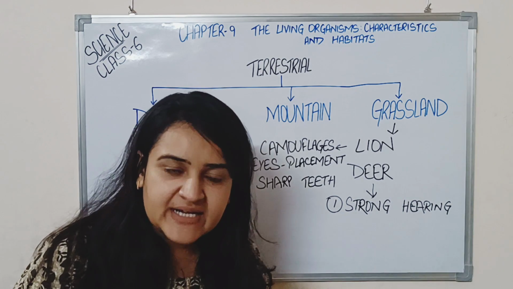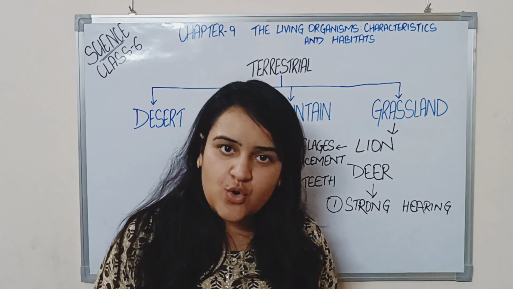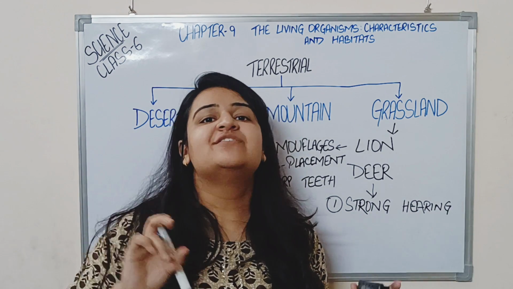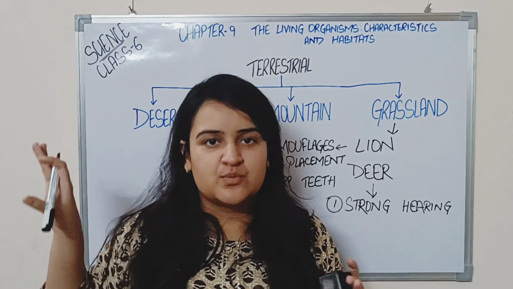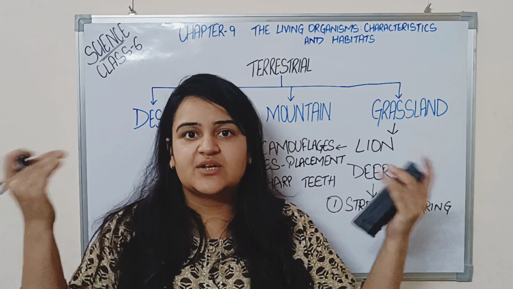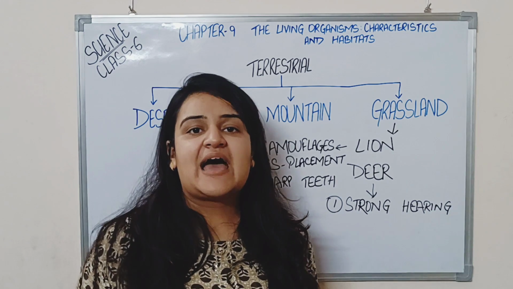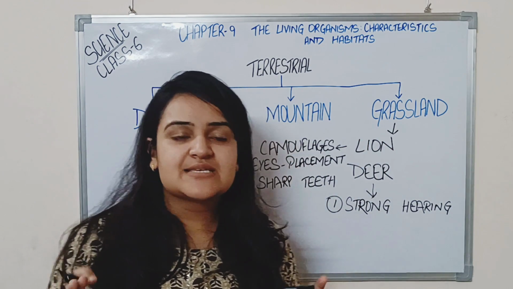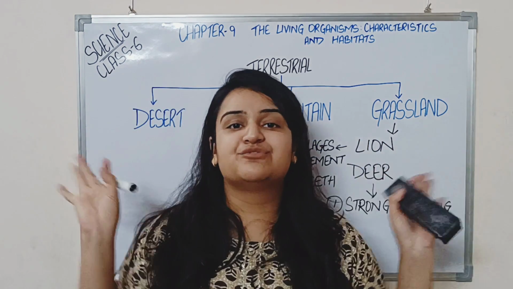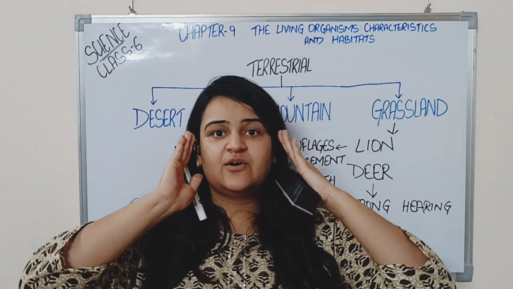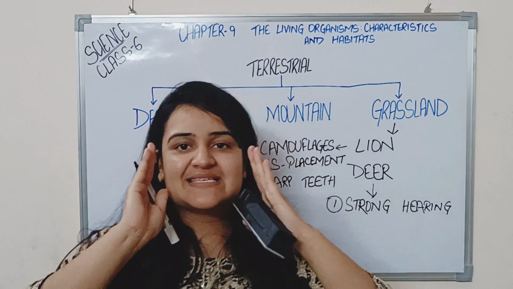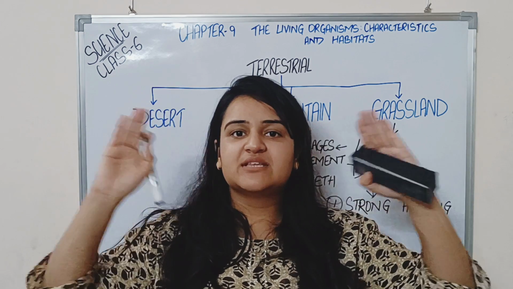Deer has to protect itself from other animals, so to have a watch all around themselves, they have eyes on both sides of the face so that they can have a wider view.